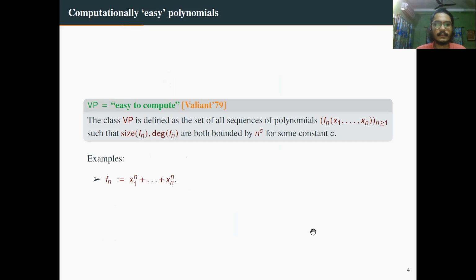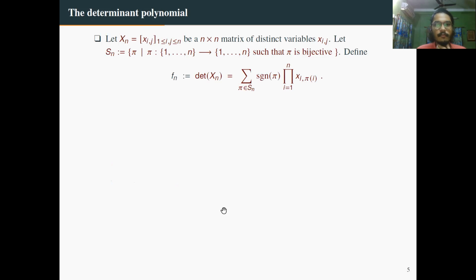One example is x1 to the n plus and so on plus xn to the n. Another example of an easy polynomial is the determinant polynomial. So how do you define the determinant polynomial? Take a symbolic n cross n matrix where each entry is a new variable xij and define the determinant of Xn the obvious way.